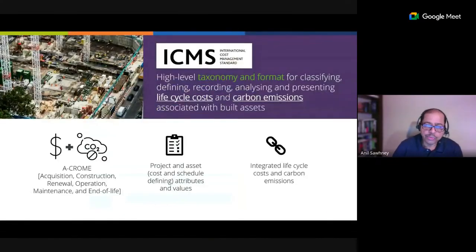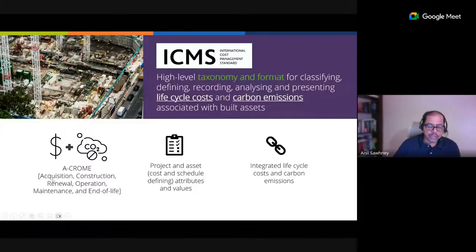But here is what we have done. So we've created an international cost management standard in which we have developed a high-level taxonomy and format for classifying, defining, recording, analyzing, and presenting life cycle costs and carbon emissions associated with constructed assets. So what we have done is we've created essentially a taxonomy which is called ACROM.